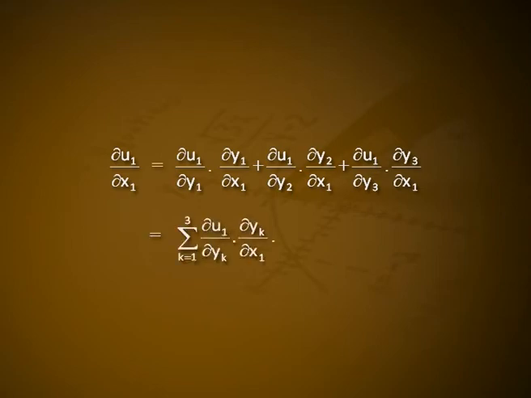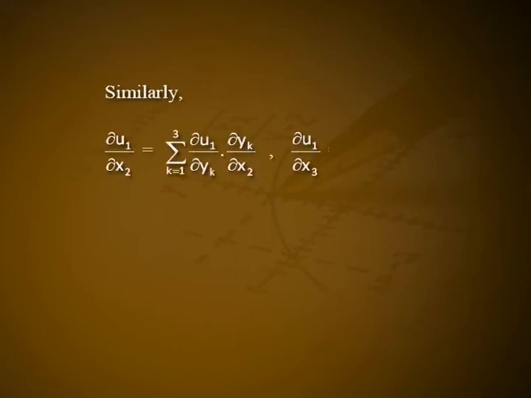Proof. By the rule for the derivative of a function of a function, we have del u1 by del x1 equal to del u1 by del y1 times del y1 by del x1 plus del u1 by del y2 times del y2 by del x1 plus del u1 by del y3 times del y3 by del x1, which is equal to sigma k equal to 1 to 3 del u1 by del yk times del yk by del x1.